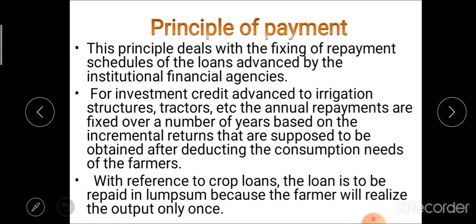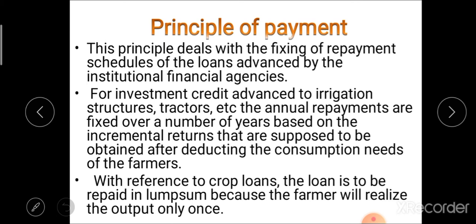After that, next principle, that is principle of payment. This payment principle is related with repayment of that particular loan amount. Under this principle, the repayment schedule is fixed for loans advanced by institutional or financing agencies for investment credit, such as irrigation structures, tractors, etc. The annual repayment plans are fixed over a number of years based on incremental returns that are supposed to be obtained after deducting the consumption needs of the farmer.